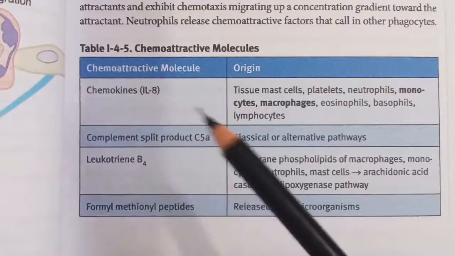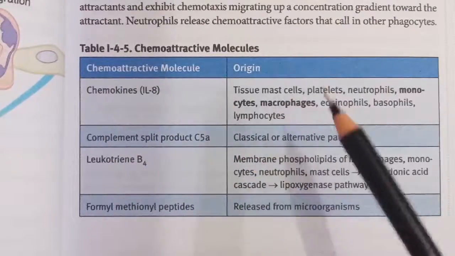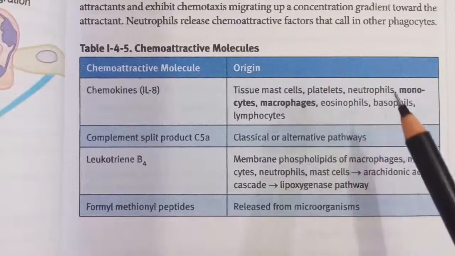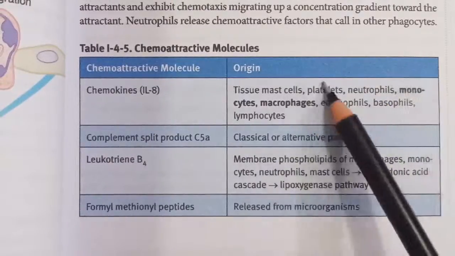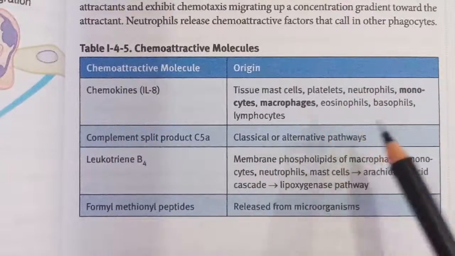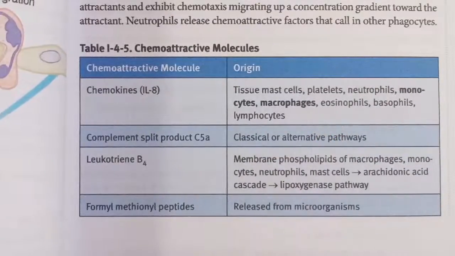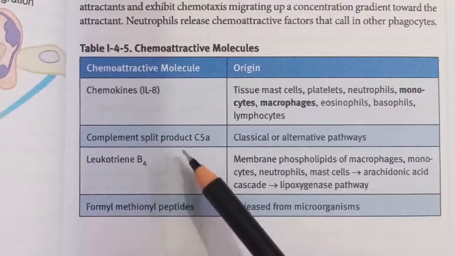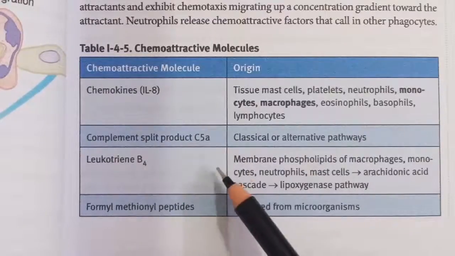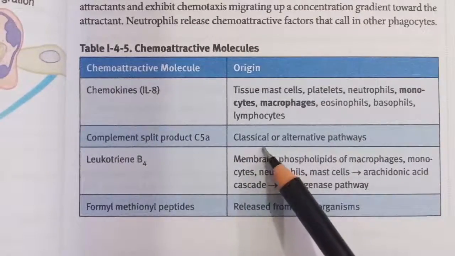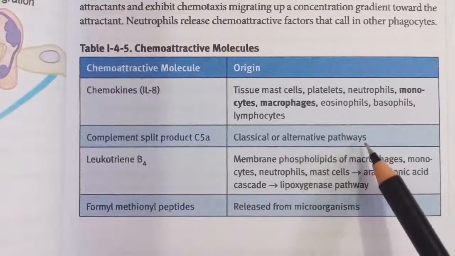The origin of interleukin 8 is tissue mast cells, platelets, neutrophils, monocytes, macrophages, eosinophils, basophils, lymphocytes, so almost everything you're seeing here. Complement split product C5a, where does it come from? It comes from the classical or the alternative pathways.